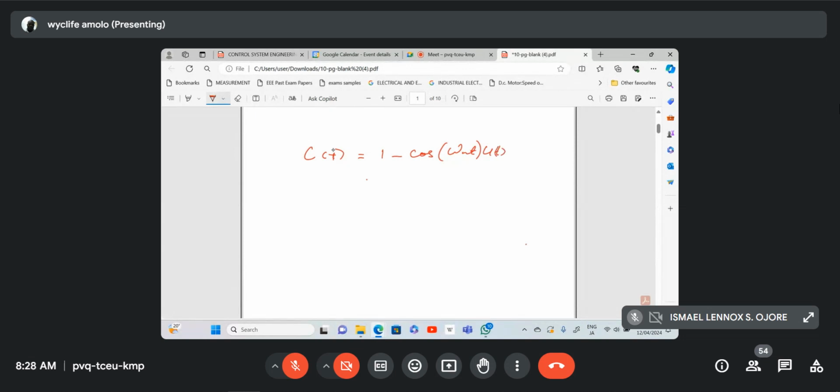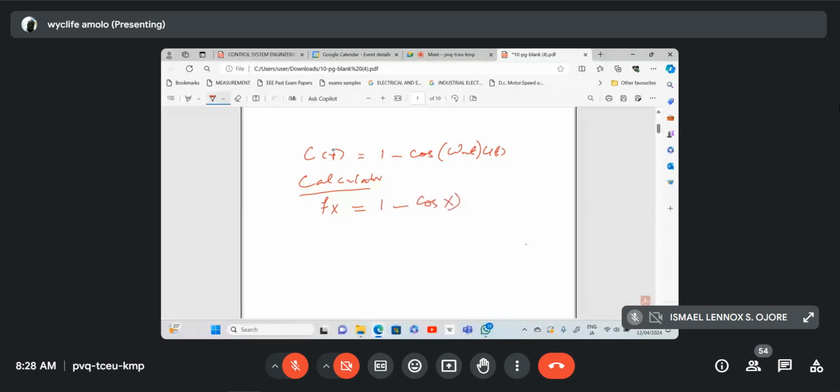So if you go to your calculator, go to the FX, then you'll write 1 minus cos of x.